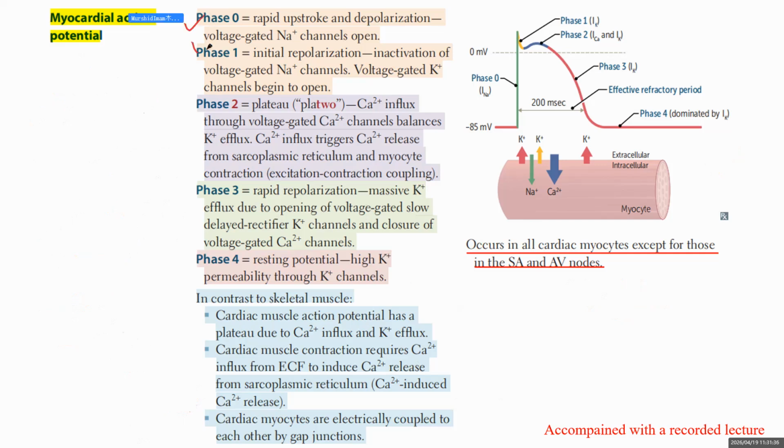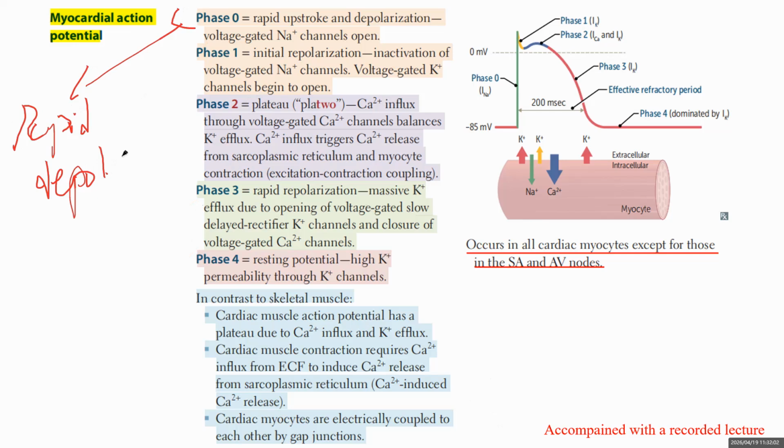We have phase 0, 1, 2, 3, 4 that you're looking at over here, right? And these phases represent the sequence of the voltage changes occurring across the membrane. So now let us study one by one. Phase number 0 you can remember as the phase of rapid depolarization.